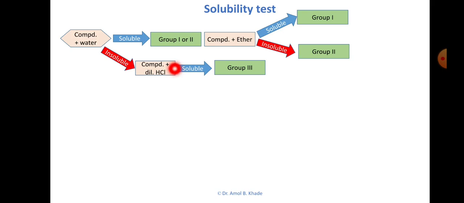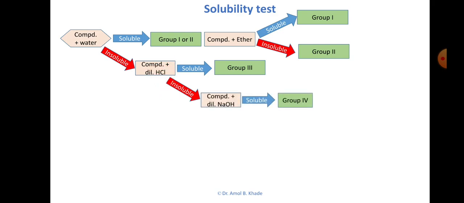If your compound is solubilized in dilute HCl, then it belongs to group 3. If the compound is not solubilized in dilute HCl and remains insoluble, you can take another fresh test tube, add your compound and check the solubility in dilute NaOH. If it gets solubilized in dilute NaOH, then it indicates the compound may be in group 4.